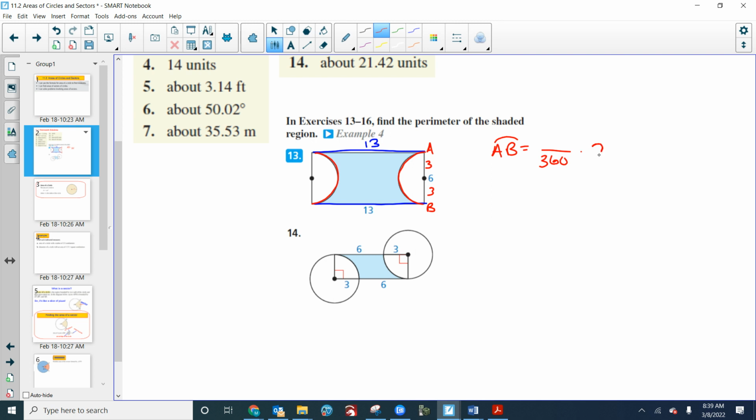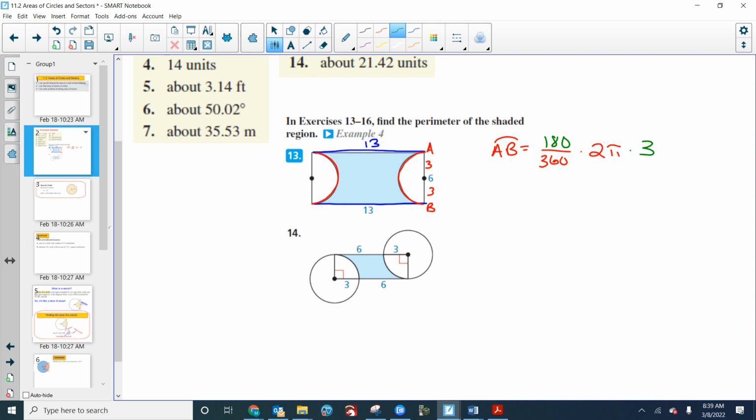Then either pi times diameter or 2 pi r. Very good. Either 2 pi r, that's the one we have written down in our notes, or pi times diameter. Now, the fill in the blanks are going to be the arc in degrees and the radius. So let's go ahead and fill those in. The arc that this is covering is 180. The radius is 3.